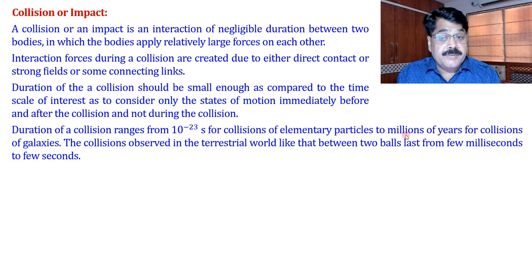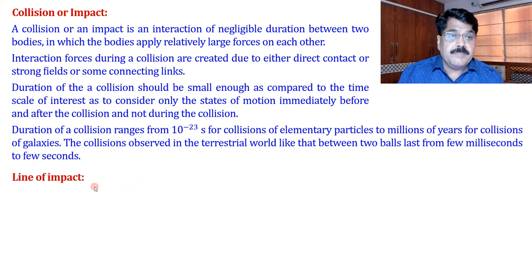Between elementary particles the collision may take a much smaller time, or between galaxies the collision may require billions of years. But at present, we are not going into such extreme examples. We start discussing collision with examples of collision between terrestrial bodies, say between two balls or between a ball and a bat. The duration of these collisions ranges from a few milliseconds to a few seconds.